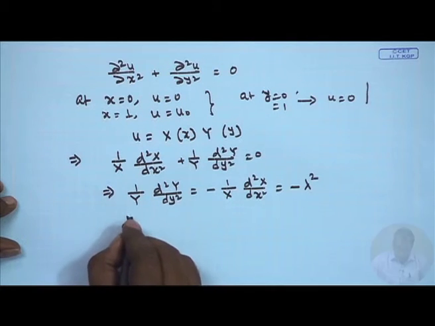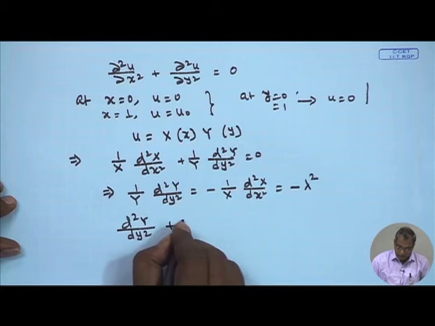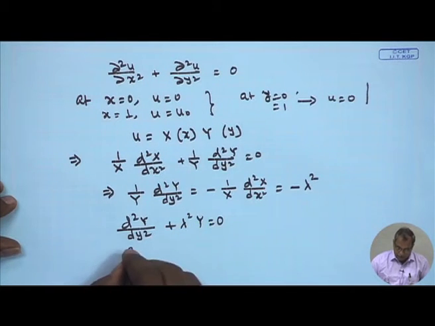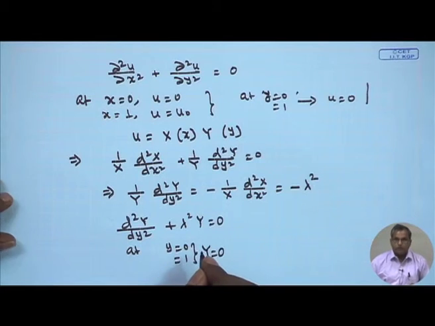If we now formulate the governing equation of Y, it will be nothing but Y'' + λ²Y = 0, with Y = 0 at y = 0 and y = 1, in order to conform to the boundary conditions of the original problem in the y direction.